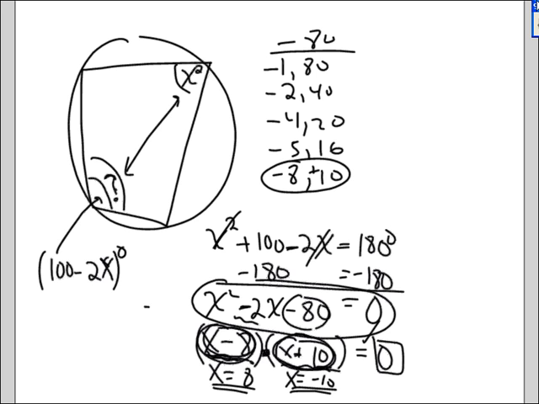Now, keep in mind that you can't have an angle be negative, and you can't have an angle be more than 180 either. So, let's try 8. If x is 8, you square it, get 64 degrees. If x is 8, that's 16. 100 minus 16 is 84 degrees.